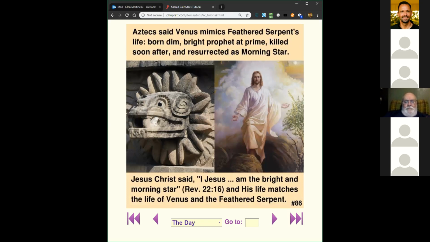And it's only a 3-year public ministry. That's why Venus represents him, because it goes from being bright to dying in about 2 months out of the 9 months as an evening star. So he's killed very shortly after he's at prime, and then he resurrected a few days later as morning star.